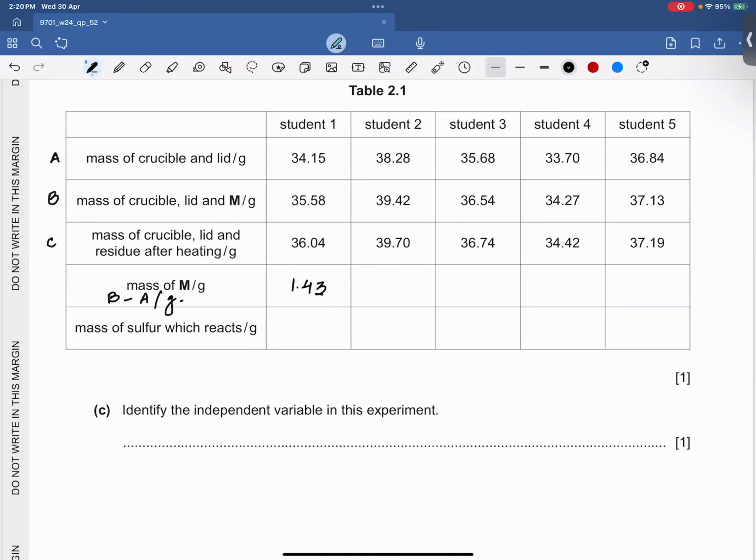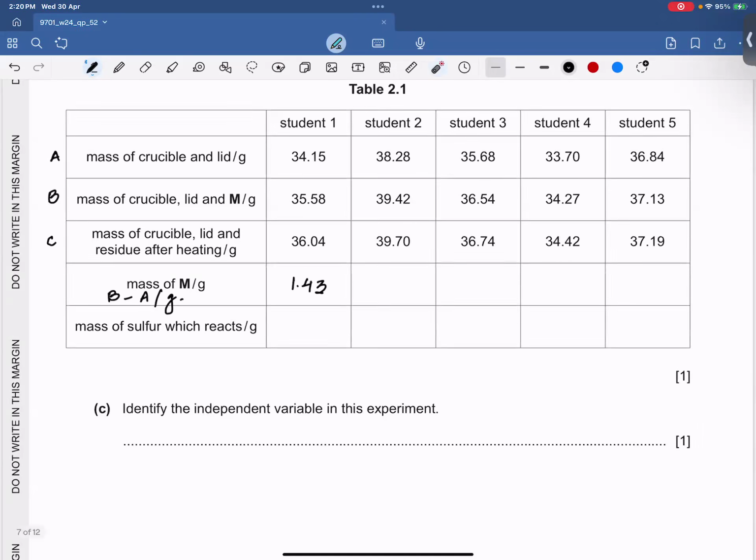Then subtract these two values, 39.42 minus 38.28. So it's going to be 1.14. I'll subtract these two values, 36.54 minus 35.68 is going to be 0.86.